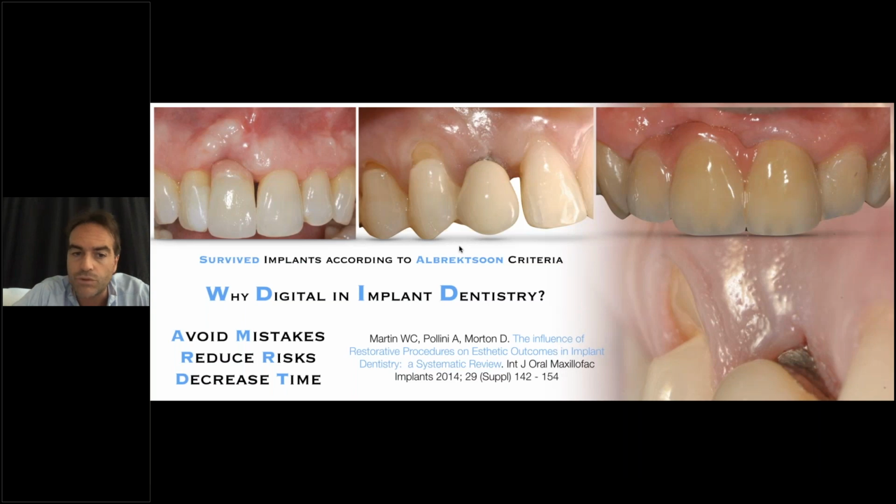And most of the time, to manage this kind of complication, we need an interdisciplinary treatment plan, such as, for example, this canine implant crown that you see here in the middle of the slide, where not only was the implant misplaced, but we also had a mucogingival problem on number 14 and number 15.